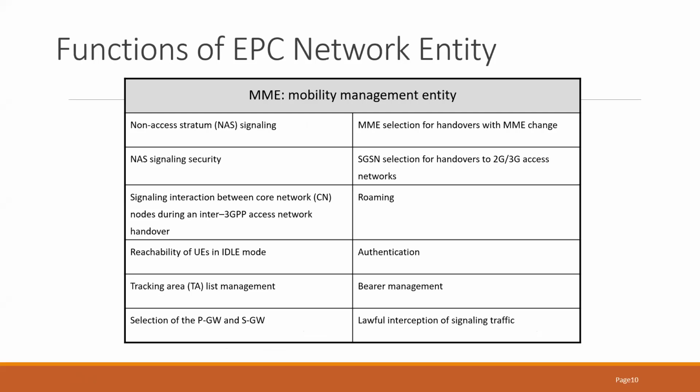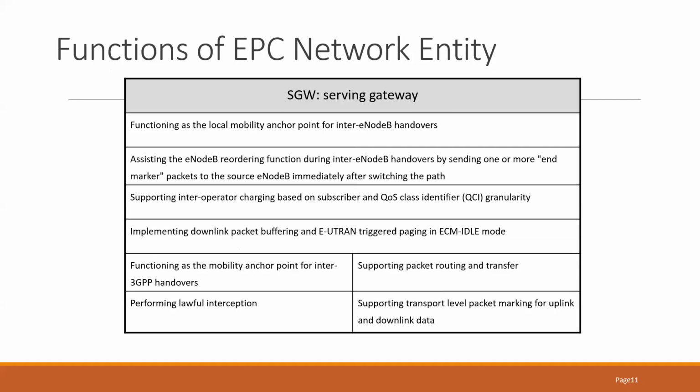The mobility management entity is basically an equivalent of SGSN, but only the signaling part. The signaling part of SGSN in the 4G network is performed by your mobility management entity. SGW is basically the user plane part of your SGSN as well as GGSN.